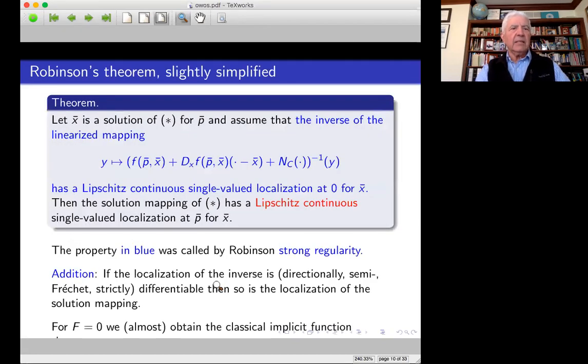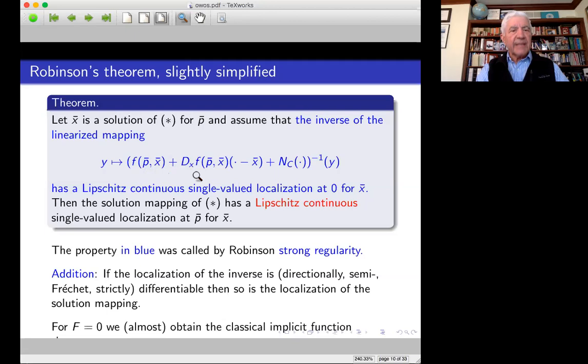So what the Robinson theorem says, in a simplified form, is that if we take the linearization of this sum of a function plus the set-valued mapping N_C, meaning that we linearize just the function. Of course, we have to assume that the function is nicely differentiable around the reference point.